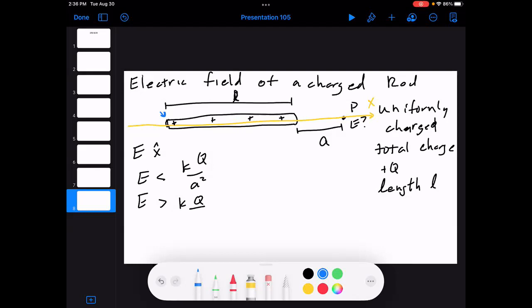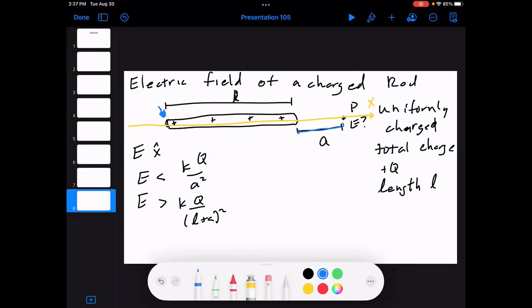So if I had one big charge, total charge Q, right there, what would you put in for the distance between point P and the end of that rod? L plus A, because that's starting here and then the entire length of the rod too.